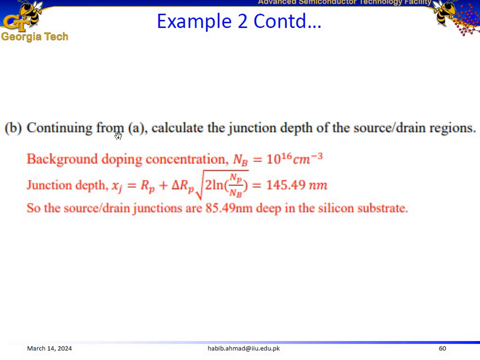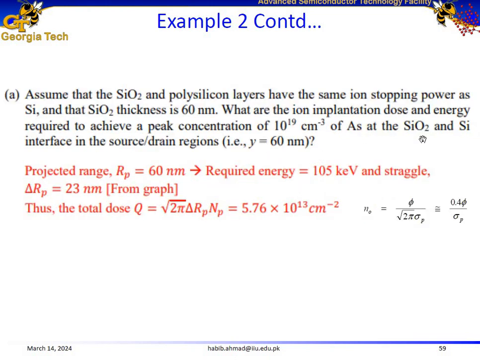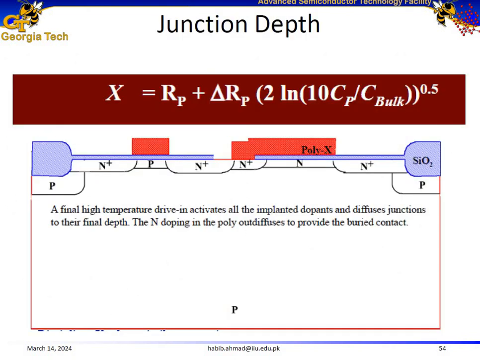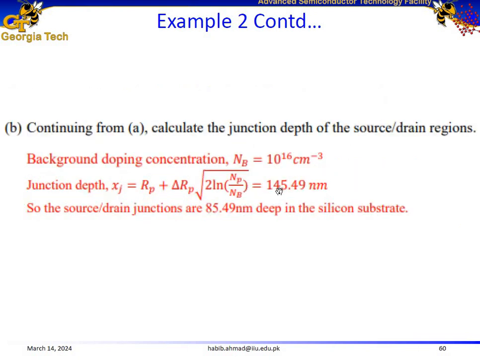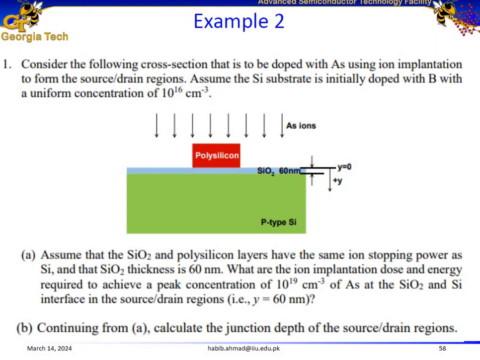Now part B of this question is asking us to calculate the junction depth of the source and the drain regions, and we have a formula for that as well, this one. So just put values into this formula. The junction depth is equal to 145.49 nanometers, but be mindful of the fact that the silicon dioxide has a thickness of 60 nanometers.